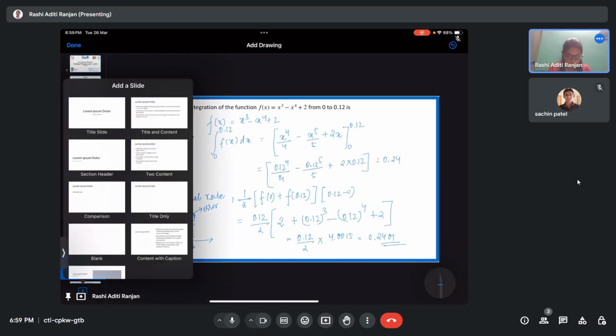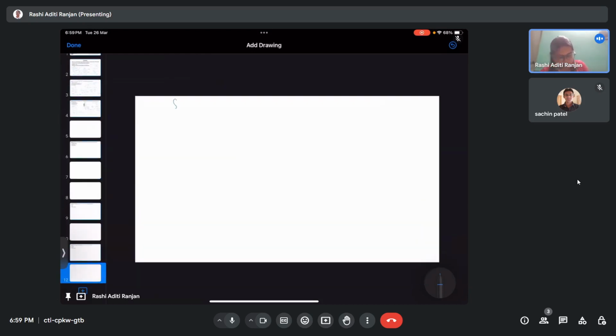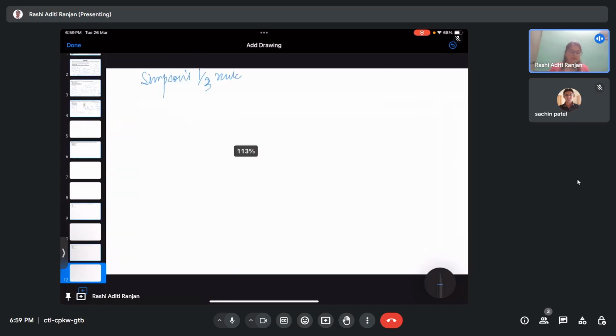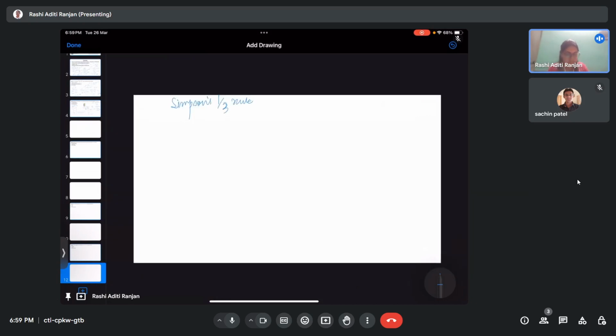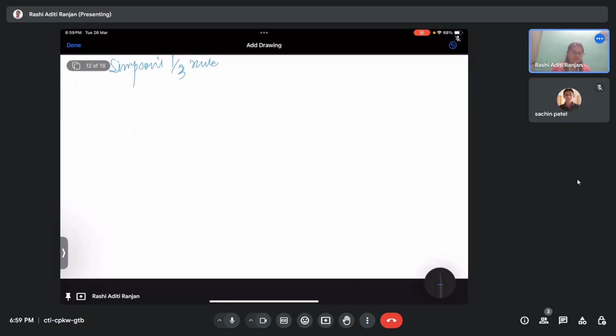Now coming on to Simpson's. If you remember the Simpson's 1/3 rule, it says that firstly you have to divide your whole range into two parts, right? So my h would be 0.12 minus 0 divided by 2, which is 0.06.